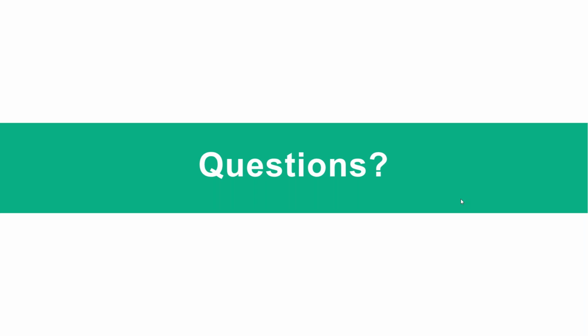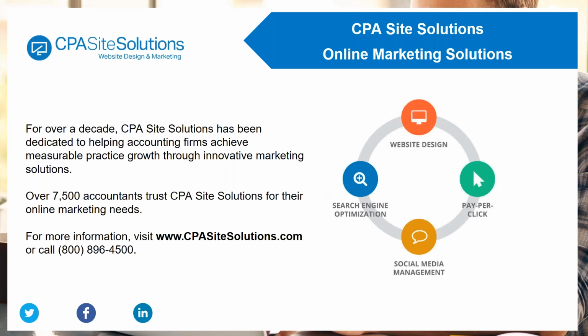So I can take more questions if you have them. Once again, CPA Site Solutions Diamond is a powerful new tool. By the way, if you have additional questions about that, you can always call your account advisor if you're a current customer, or call your internet marketing advisor if you're not a customer at this number, 800-896-4500.